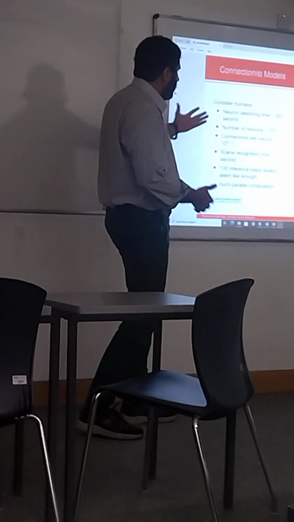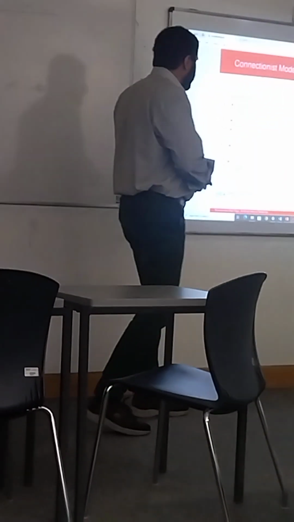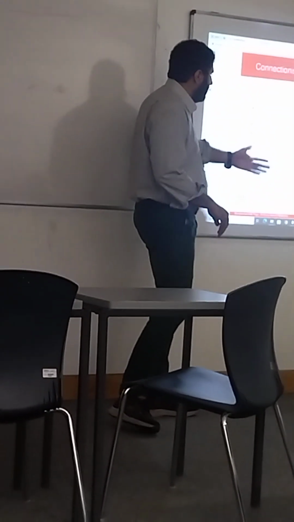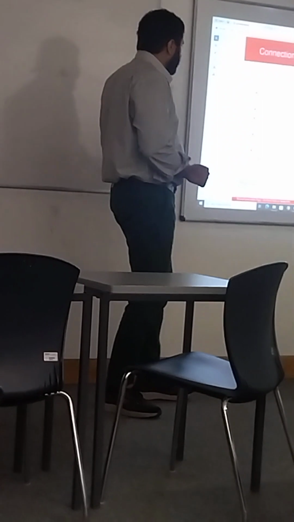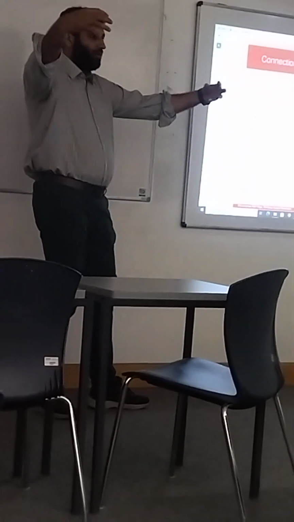So in humans we have neurons that switch every 0.001 second, and the number of neurons is 10 to the power 10, which is a lot of neurons. What we know about how our brains work is that we have a lot of neurons.